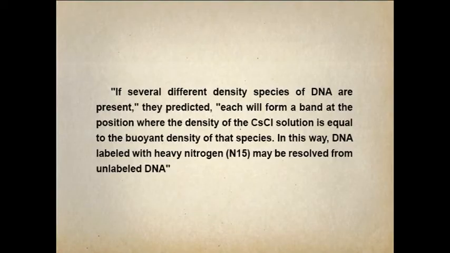If several different density species of DNA are present, they predicted each will form a band at the position where the density of the cesium chloride solution is equal to the buoyant density of that species. In this way, DNA labeled with heavy nitrogen, that is N15, may be resolved from unlabeled DNA, which is the N14.